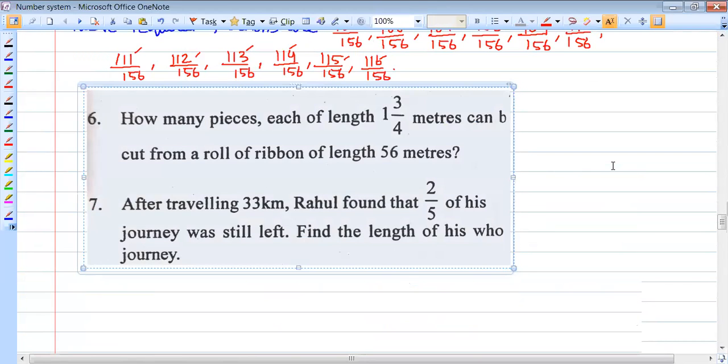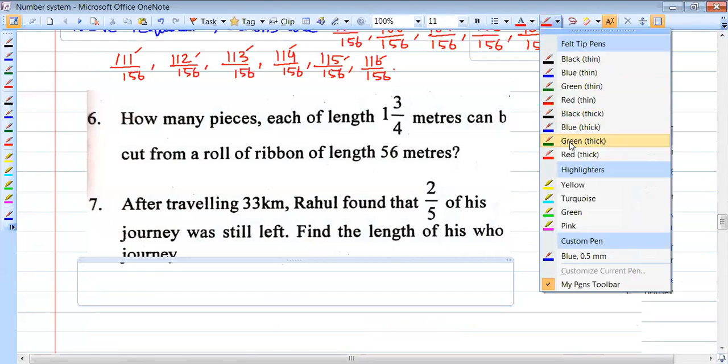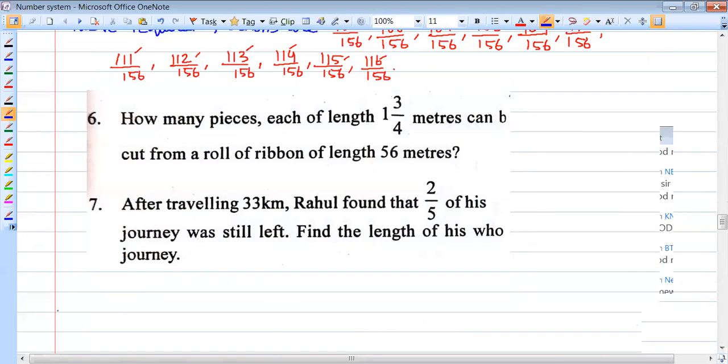Everyone see question number 6. Let's start to work out question number 6.